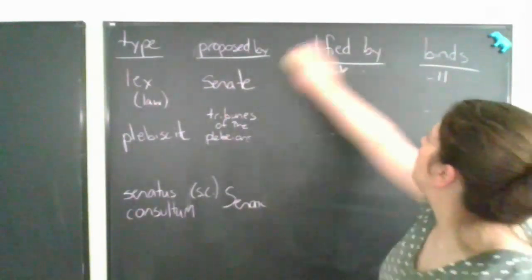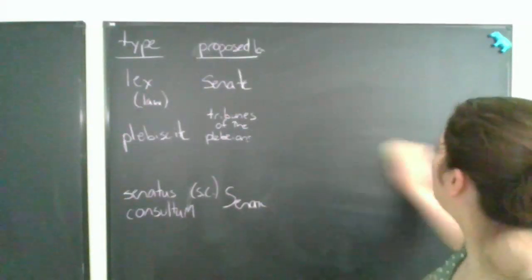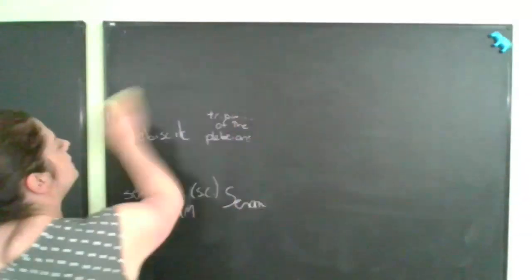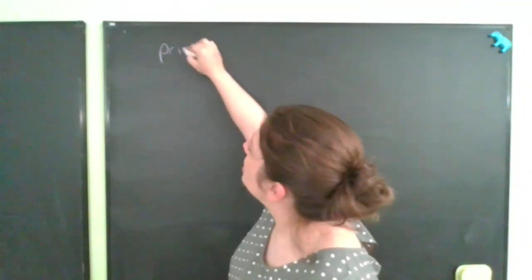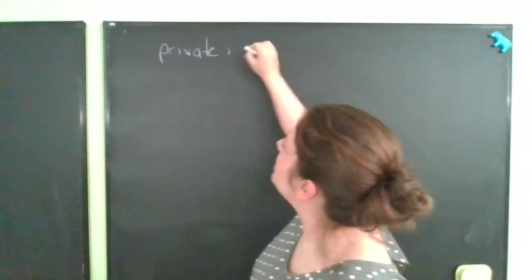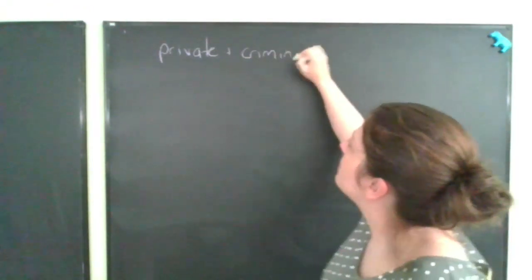So next up, I want to talk about how we have a trial. The law code is there for us to follow, but what happens when there is an issue and there's a problem that needs to be resolved? Well, first of all, we are going to make a distinction between private and, we'll say, criminal law.